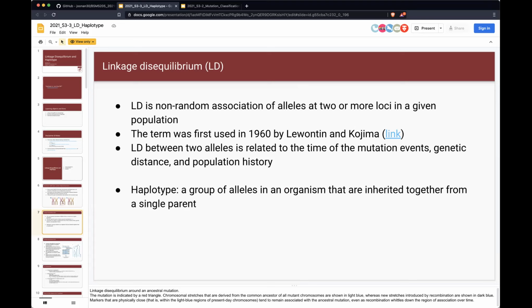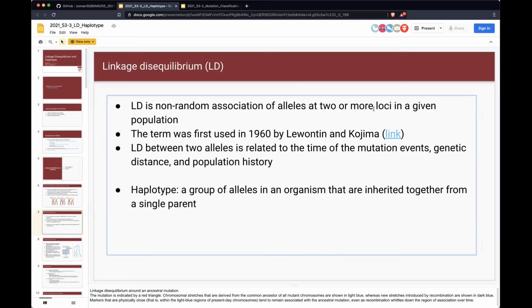So LD basically means the non-random association of alleles at two or more loci in a given population. And this LD concept was first used in the 1960s by Lewontin and Kojima. Of course, we knew about genetic linkage because of Morgan's experiments, but the formal terminology was introduced in the 1960s when population genetics was discussed in our field.